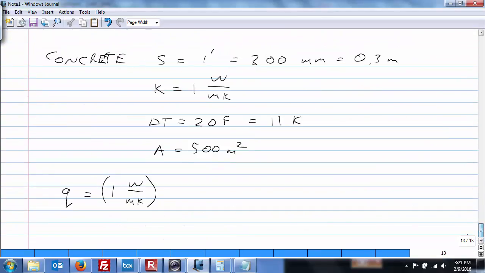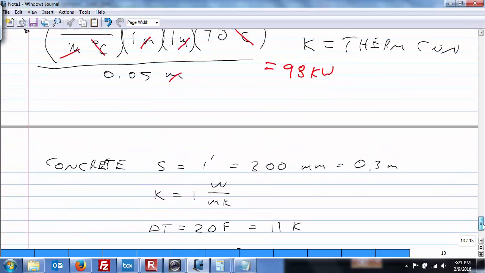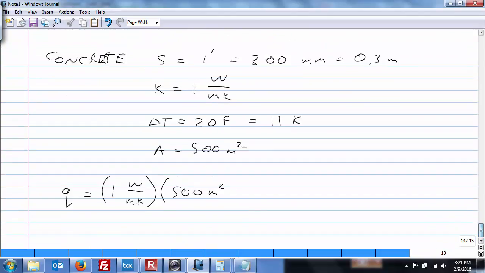Now I need my area. My area is 500 meters squared for my 2,000 square foot block house. My change in temperature, I converted my 20 Fahrenheit into 11.266 Kelvin. Oh, yeah, the absolute temperature is 266 Kelvin.